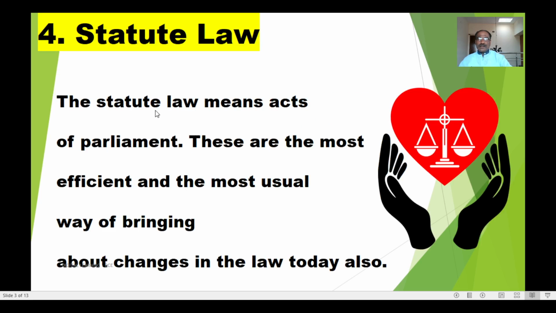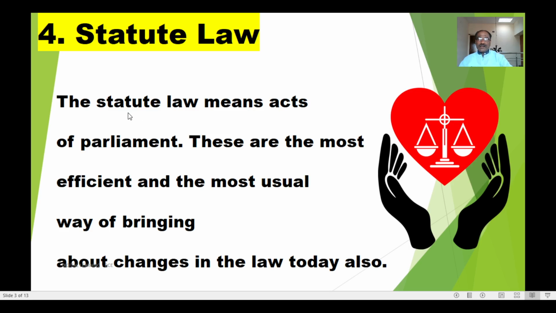So let us come to know the meaning of the statute law. The statute law means the acts of parliament, the acts which are made by the parliament with the approval, with the recognition, with the assent of the president of the country. All those laws are called statute laws, and these are the most efficient.